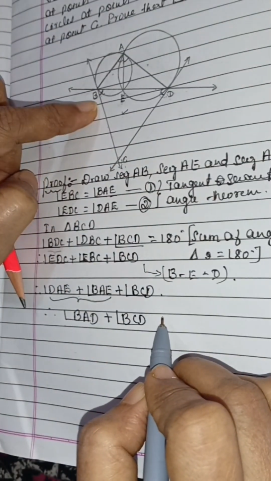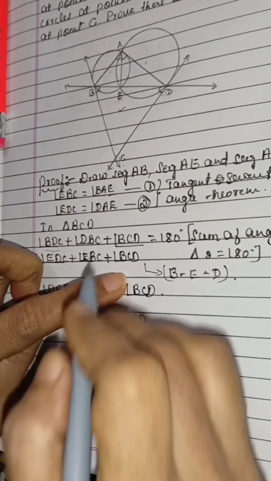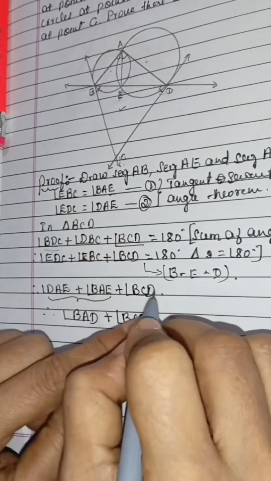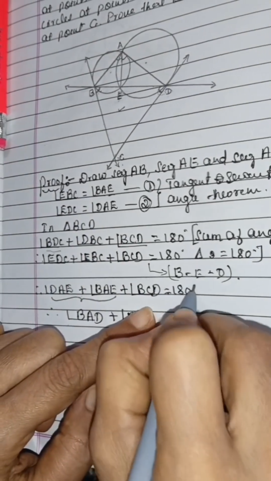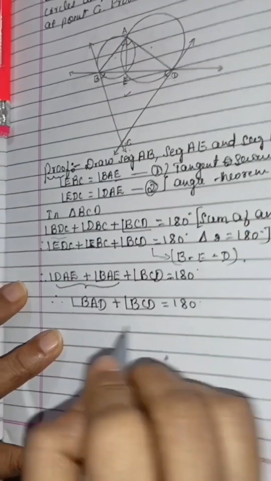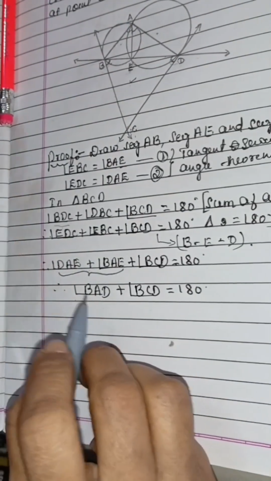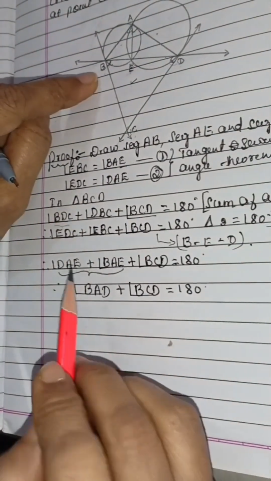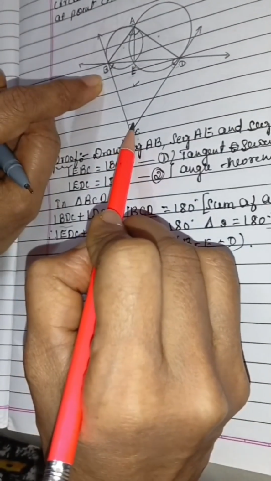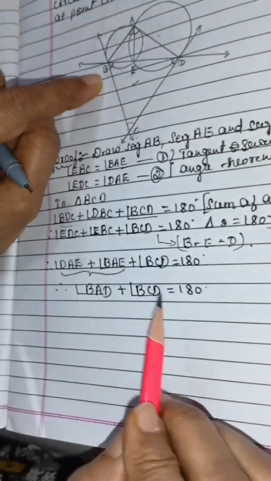See, don't forget to write this 180 degrees. Here also it is 180 degrees. I forgot to write it, so don't forget, otherwise you cannot prove it. Now you can say angle BAD plus angle BCD, opposite angles of a quadrilateral, are supplementary.